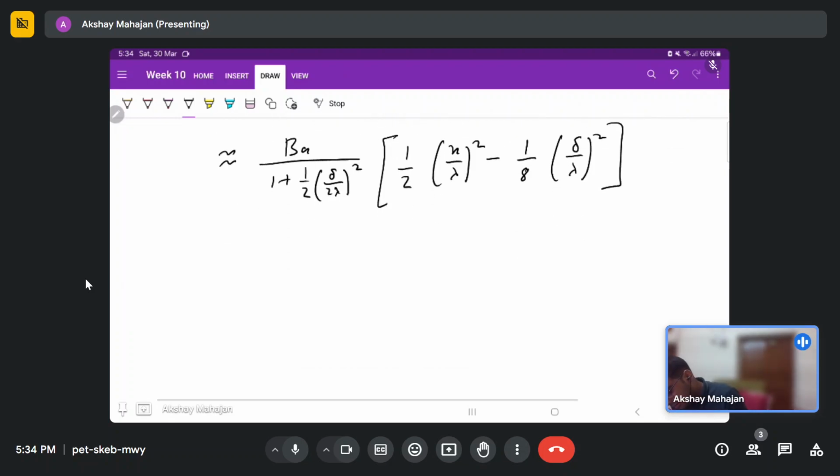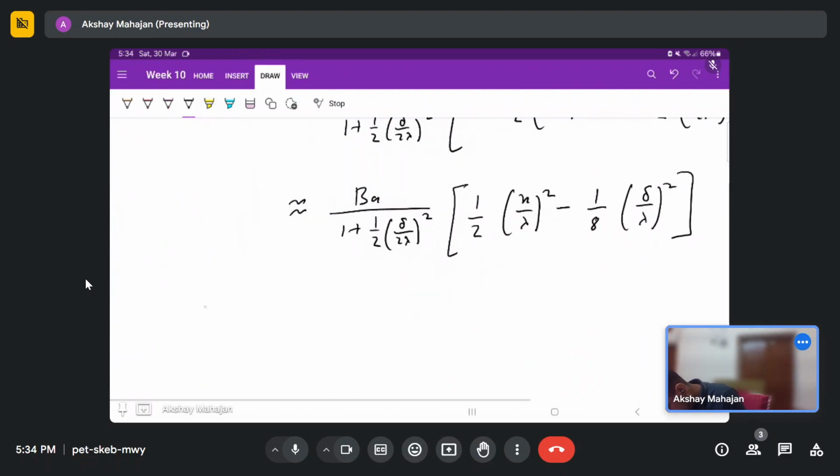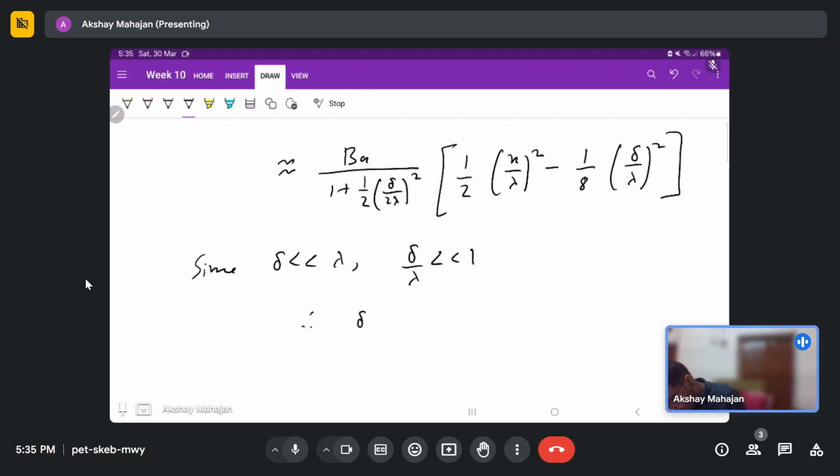Now here, since we know that delta is much less than lambda, we can say that delta by lambda is much less than 1. Therefore delta by lambda whole squared is also much less than 1.